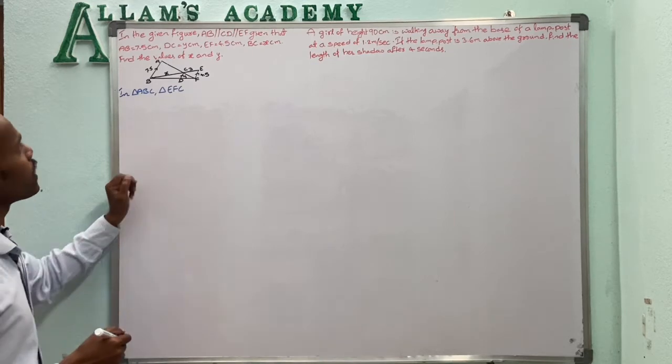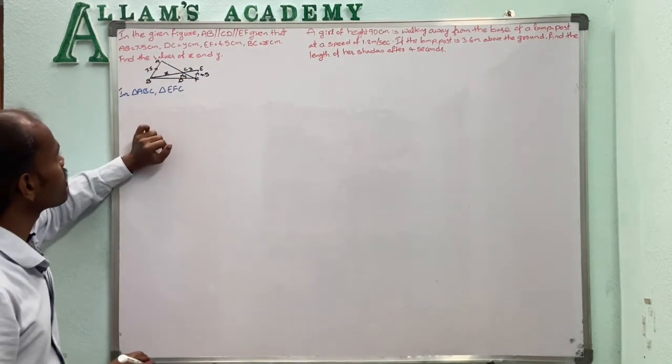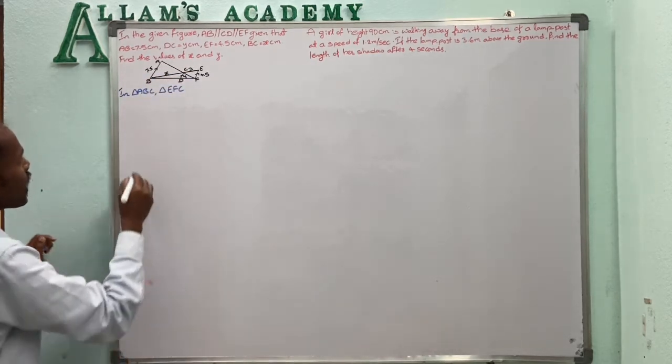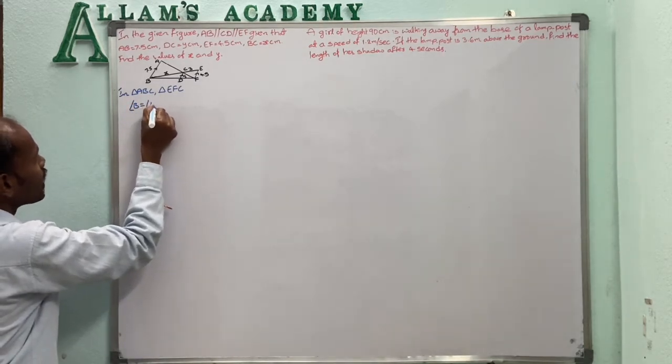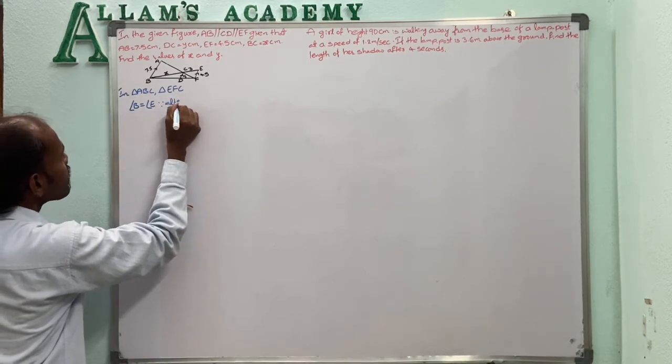Taking BE as transversal, angle B is equal to angle E, since they are alternate angles.